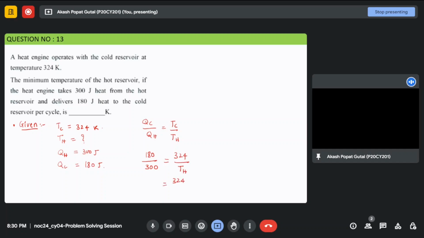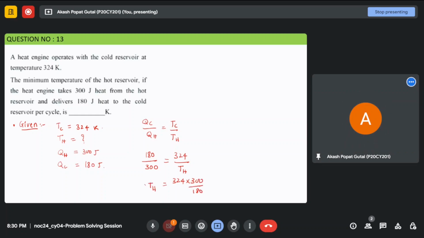We get TH equal to 324 into 300 by 180, which is 540 Kelvin. So the answer is 540 Kelvin.